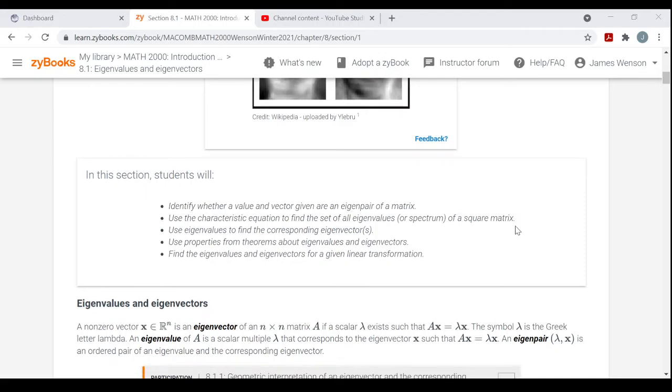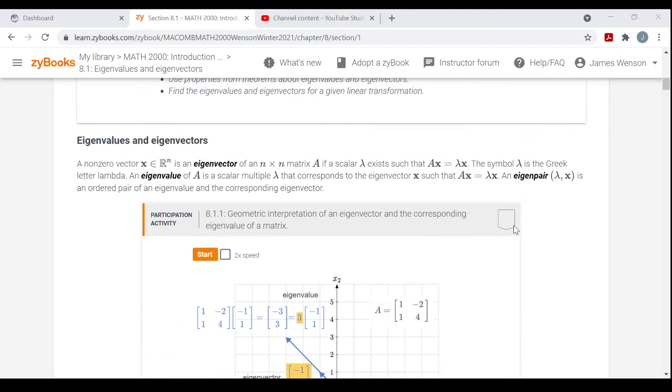Alright, so you've got the objectives there. The first part is on these things called eigenvalues and eigenvectors.